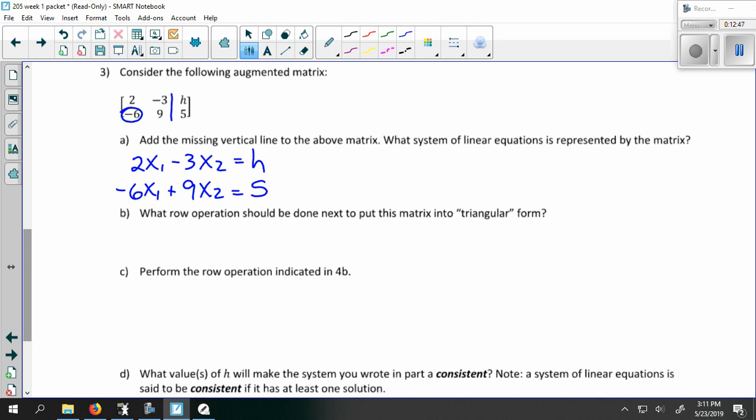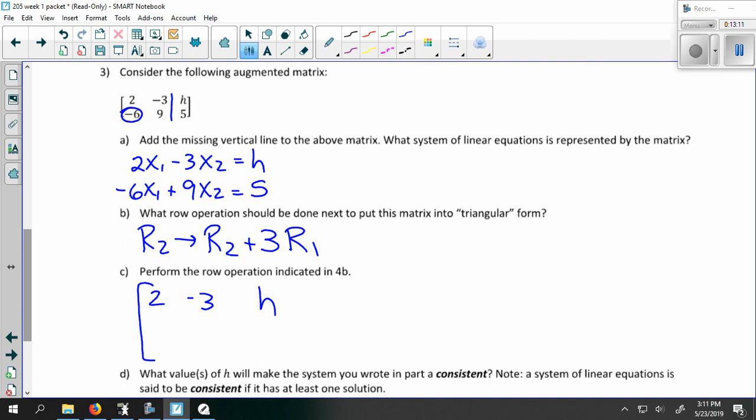So I'm going to replace row 2 with row 2 plus a multiple of row 1. I would multiply row 1 by 3 to make that go away. So my new matrix: row 1 is not changing, 2, -3, h. My row 2 is going to be row 2 plus 3 row 1.